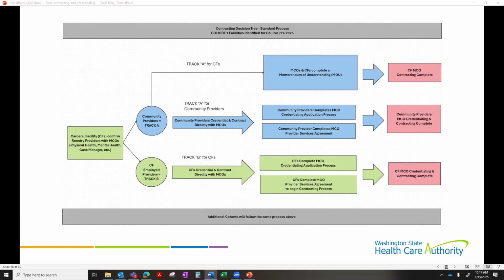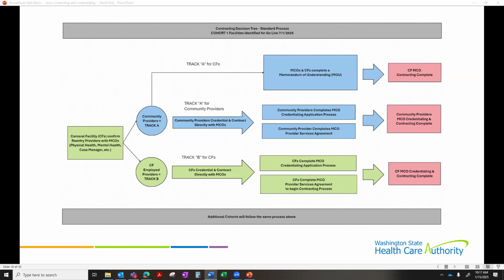These services will be, of course, supplied to eligible members. For this track, the carceral facility will complete both the MCO credentialing application and a provider services agreement. Upon completion of both of these steps, the carceral facility will be credentialed and contracted.